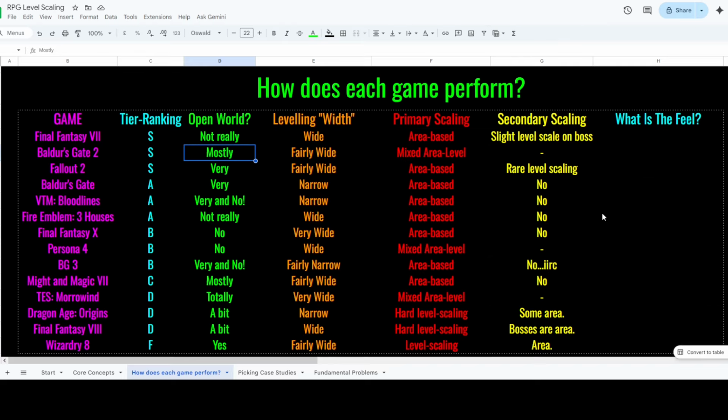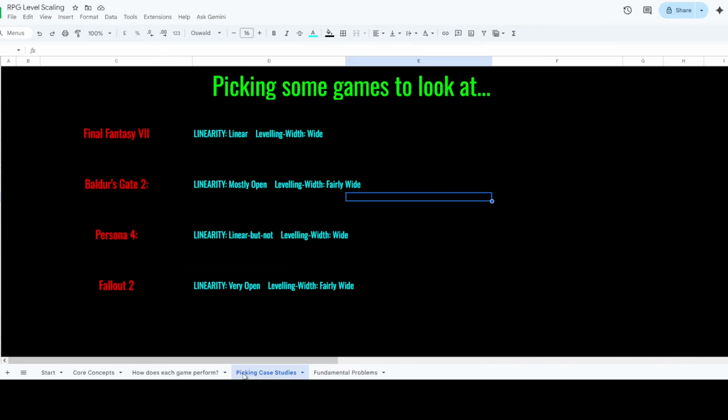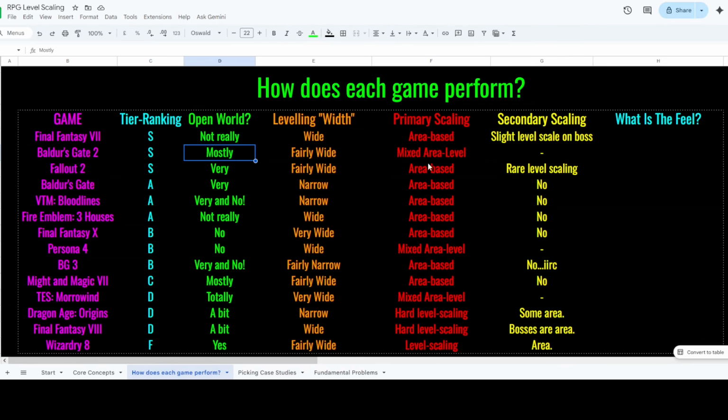And it does. And I think that's going to be on our list, if I recall correctly. Yes, it's there. So we'll discuss that in a bit more detail. But it's got mixed area and level scaling. We'll come back to that a bit. Fallout 2, again, almost entirely area-based.